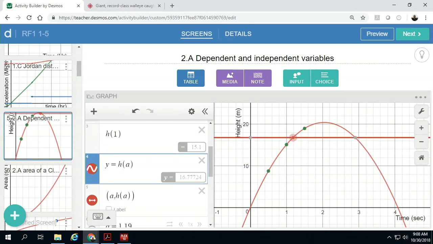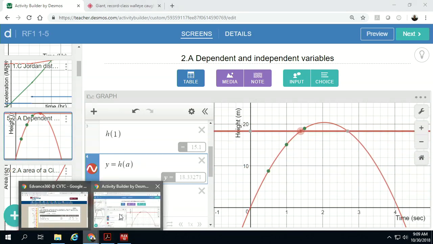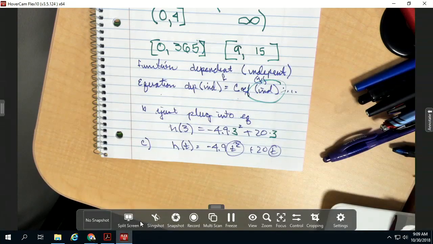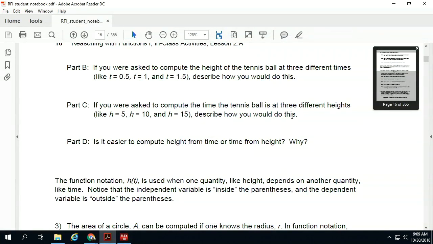Over here, there's another one, and that would be about 3.5 seconds, okay? So when it says that for part C, how would you do it? There is some algebra that will help solve that, but for right now, just use the graph. So part D, is it easier to compute the height given the time, or the time given the height?